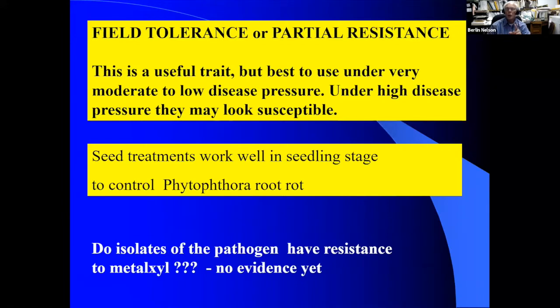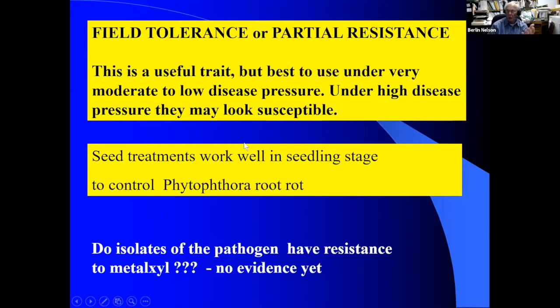Okay, I want to just show you what we mean by field tolerance or partial resistance, because I'm not going to dwell on this, but I think it's important to know that this does exist. It is a very useful trait, and the pathologists believe that this is useful if you combine it with other methods of, for example, tiling, for example, seed treatments.